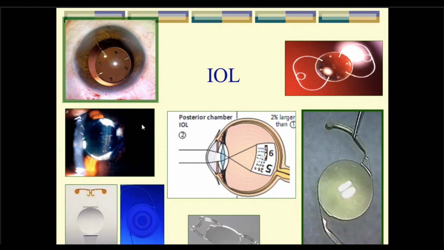And on this picture, I would like to describe how we make extracapsular cataract extraction. So, a small incision of the cornea with a special needle. We make a hole in the anterior capsule of the lens.